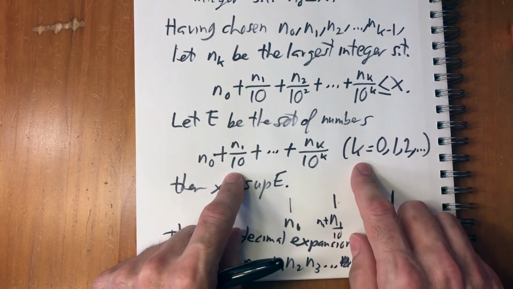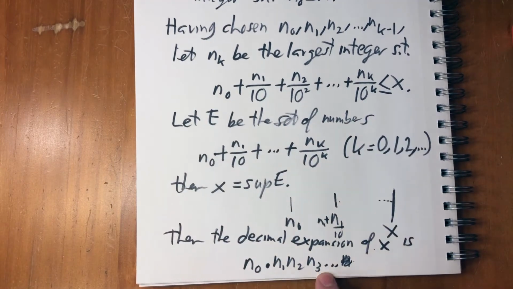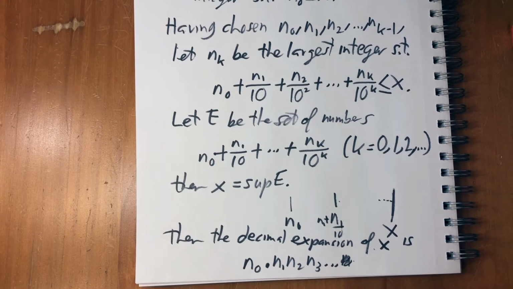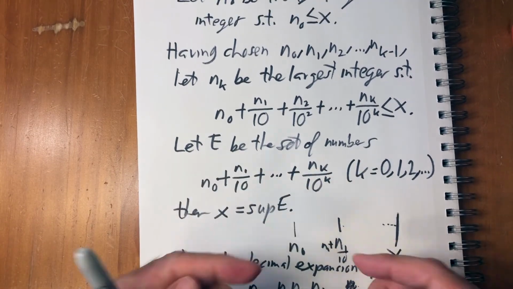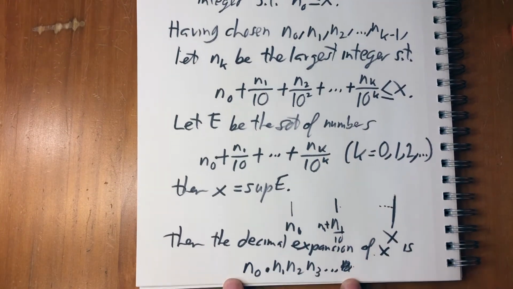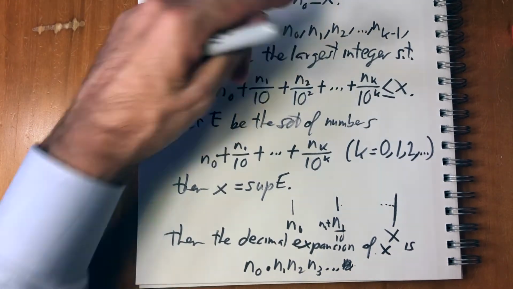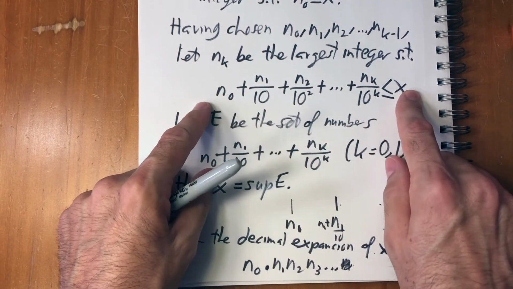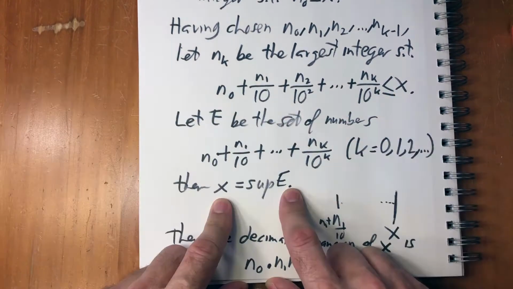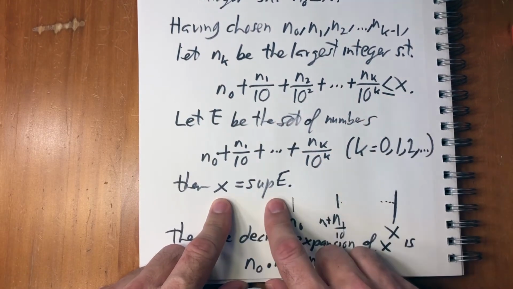And that set has a supremum, and this number is the decimal expansion of that supremum. So it goes either way. If you start with the decimal, then this decimal represents the supremum of the set that you can extract from the decimal. Or, given the number, you can create a decimal by making a set of this form, and the set of that form will have x as the supremum.